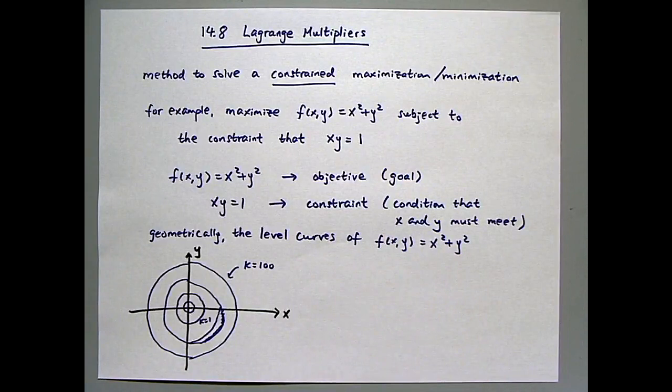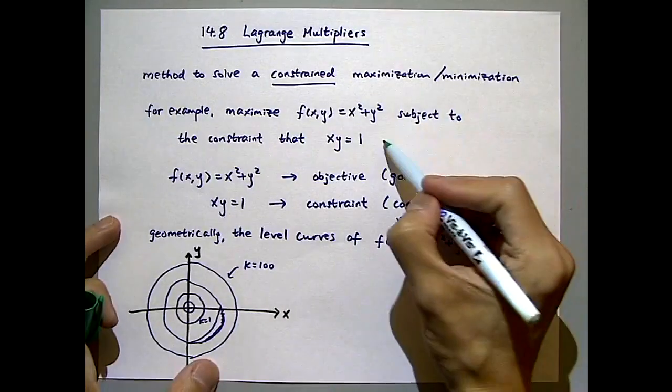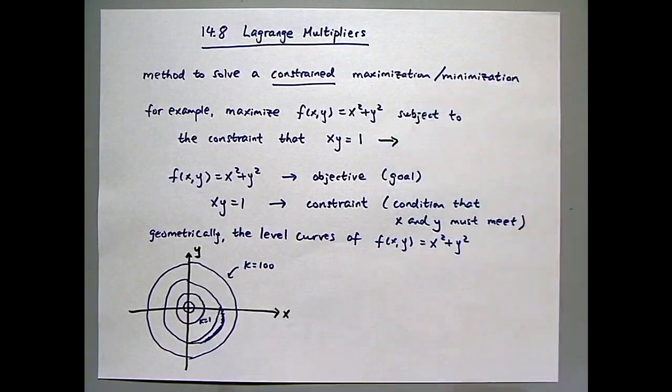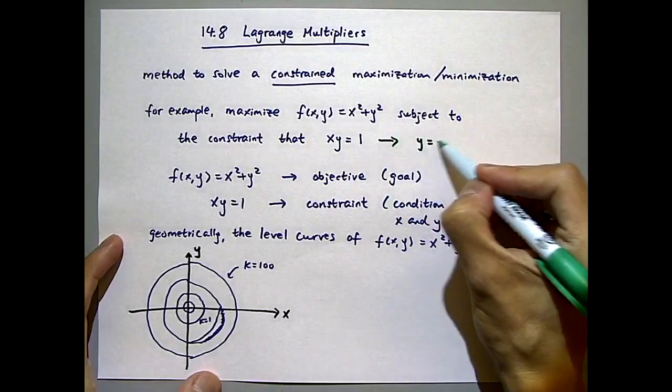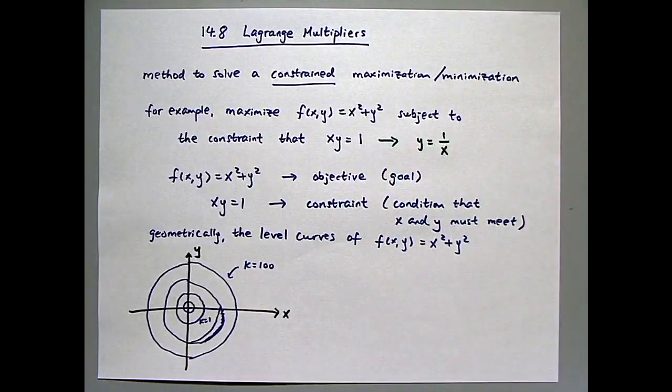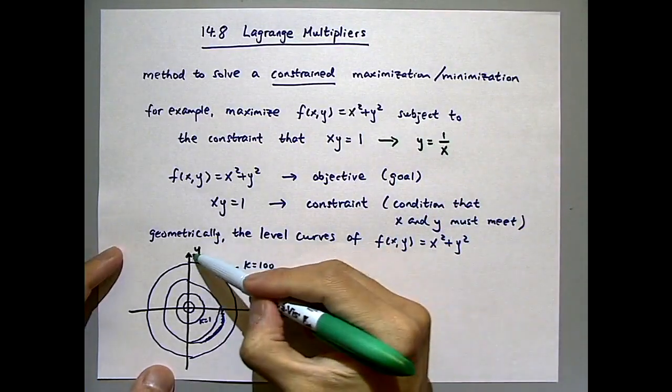What about xy is equal to 1? If I were to put xy equal to 1 onto here, what shape do I get? Hyperbolas, very good. This is y is equal to 1 over x. So these are hyperbolas, and they look something like this.